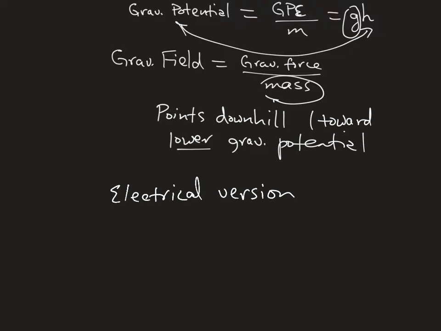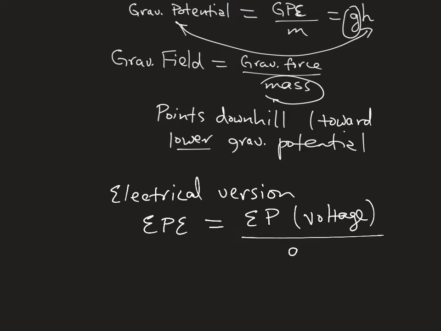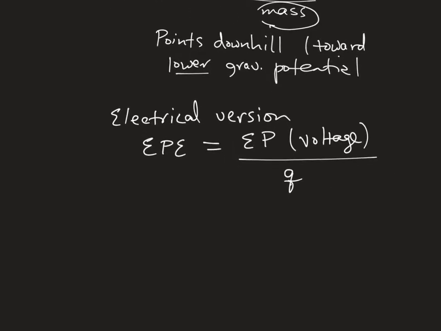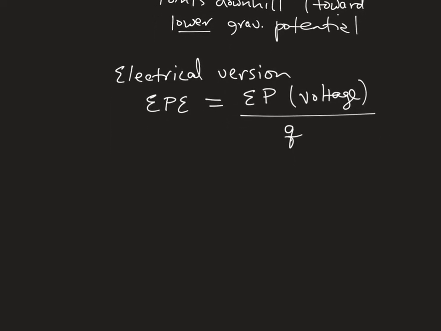So electrical potential energy equals electrical potential, which is what we usually call voltage, divided by not the mass, like in gravity, but the charge. Okay, so then we can make these same kind of maps, right? I could do the exact same thing as I did before.